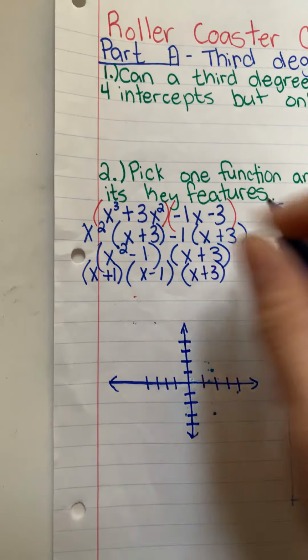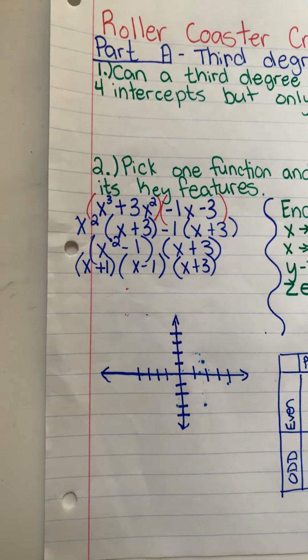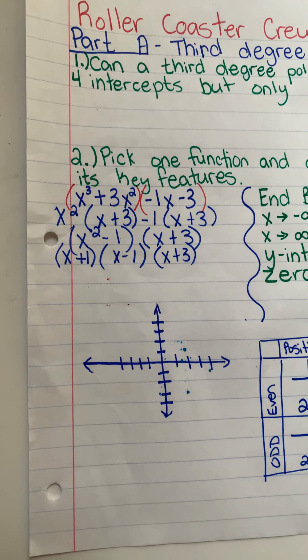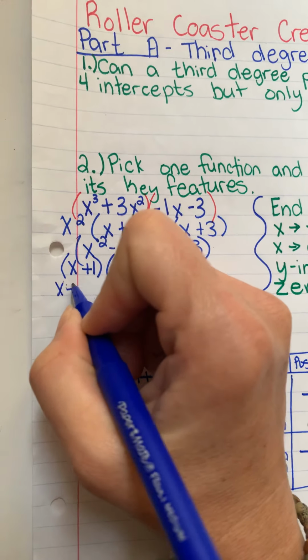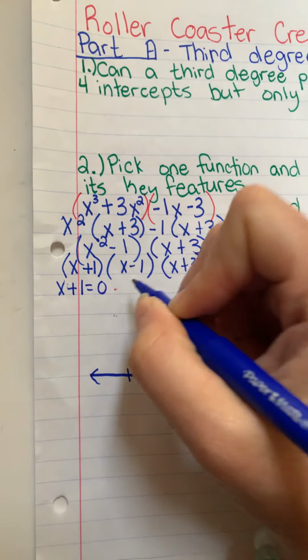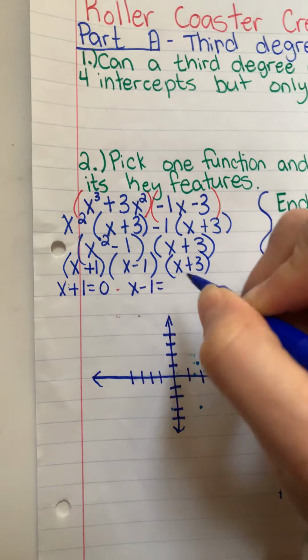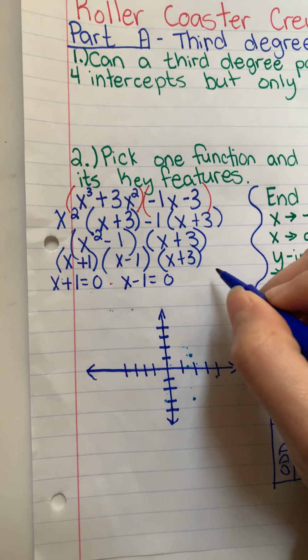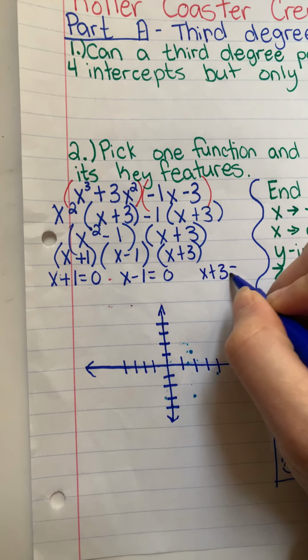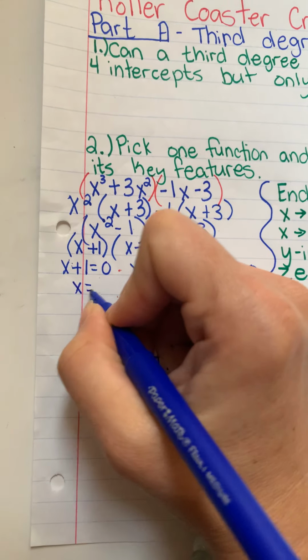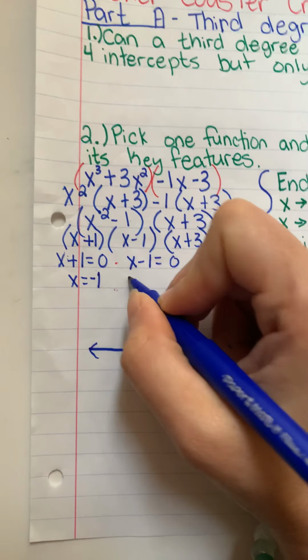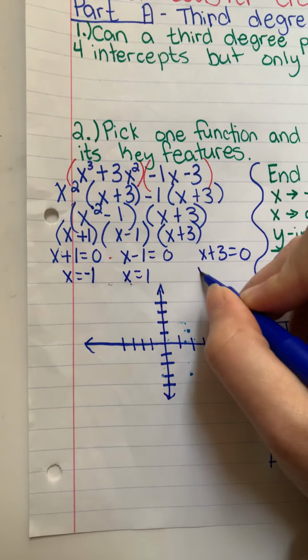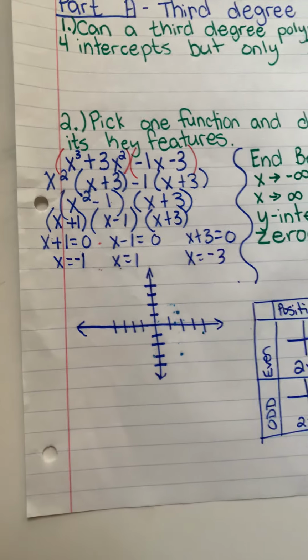So now I have it broken down to 3 factors, and I can make them equal to 0. And x plus 3 equals 0. So x is negative 1, x is 1, and x is negative 3.